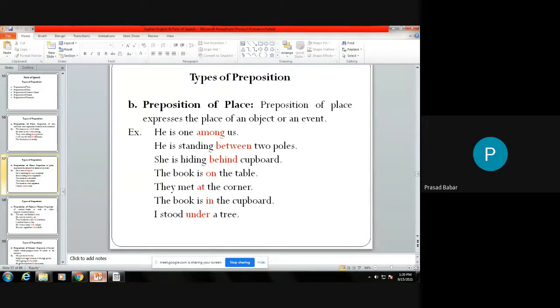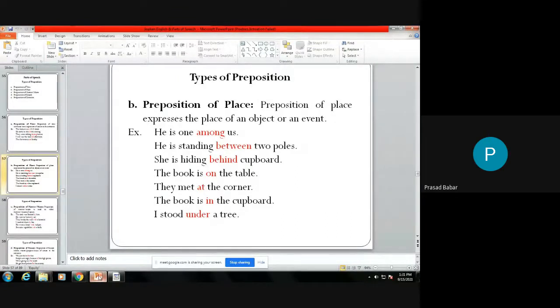Then the next is, he is standing between two poles. So between here works as a preposition of place. Where is he standing?